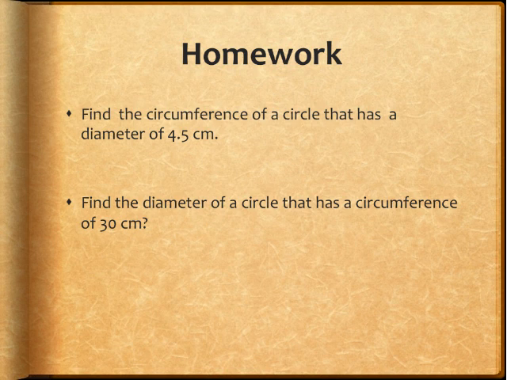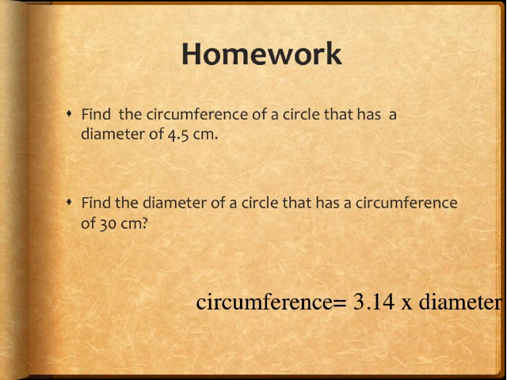All right. Circumference equals 3.14 times the diameter. So make sure that you know that formula. Because then we know if we have diameter, we can figure out circumference. If we have circumference, we can figure out diameter by doing the division or the multiplication.